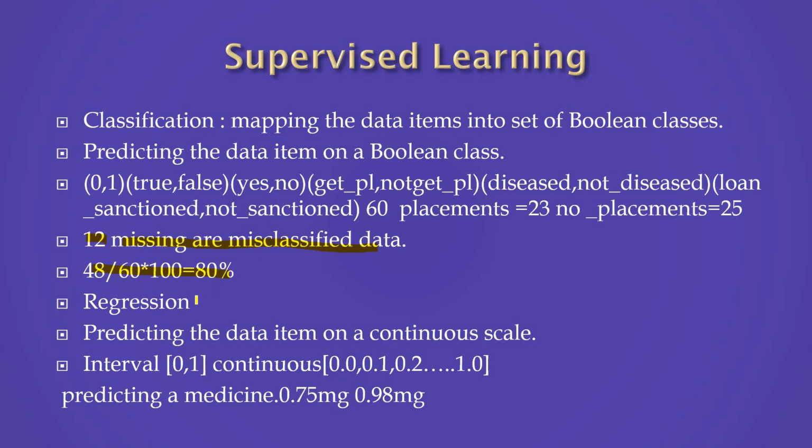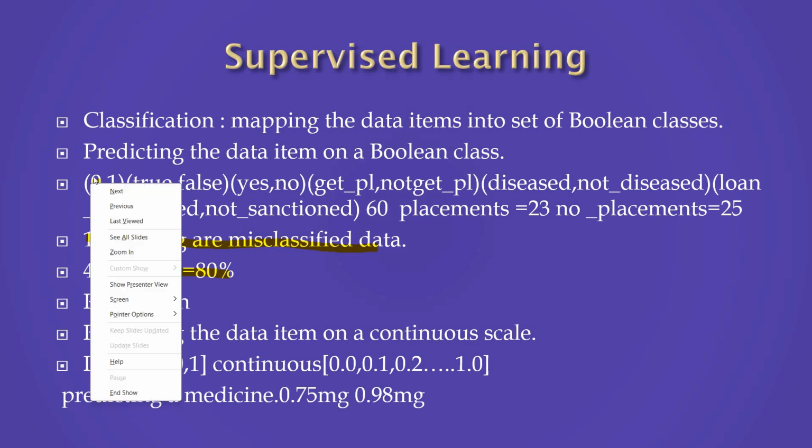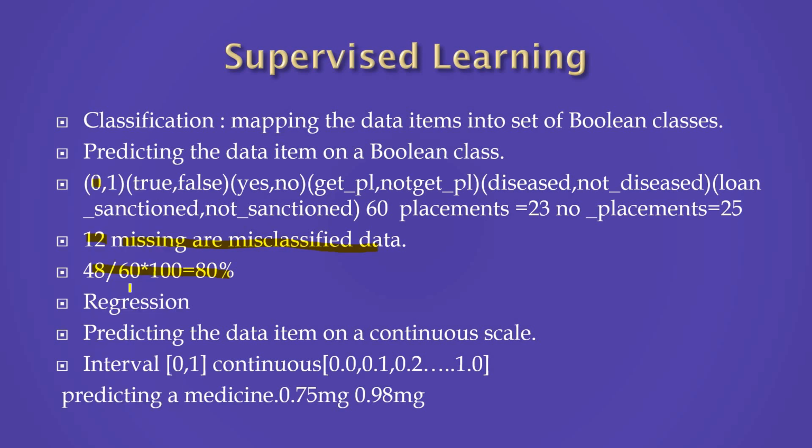And next, we are going to discuss regression. What is the meaning of regression? You are predicting the data item on a continuous scale. Here in the supervised learning, you did it in the form of a set, the set 0, 1. But the same thing you are predicting on a continuous scale, that is an interval, 0 to 1, that is continuous: 0.0, 0.1, 0.2 till 1.0.